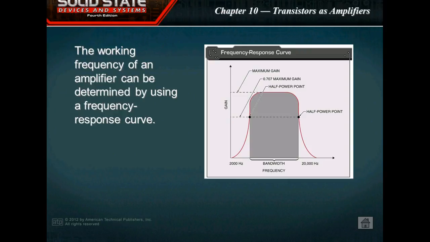So when the voltage drops down or rises up to 70.7%, then the power has increased or decreased by exactly 50%. Y'all understand that, right? Very important. And this occurs at what we call 3 dB, and we'll look at that. We need to understand dB here in a minute.